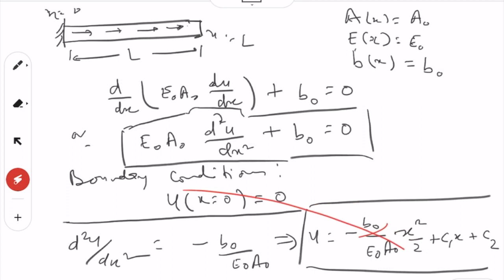Now, when we put x equal to 0, u equal to 0, so we get C2 equal to 0 simply.